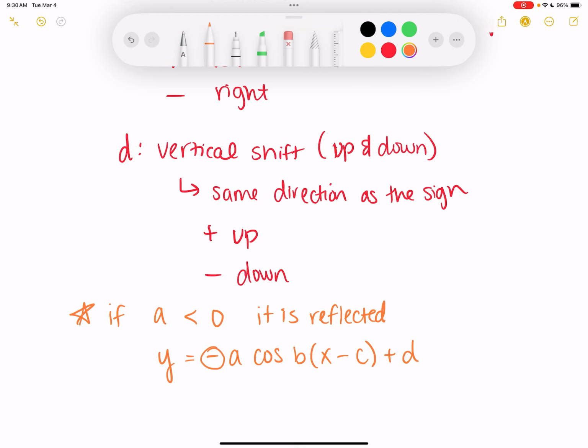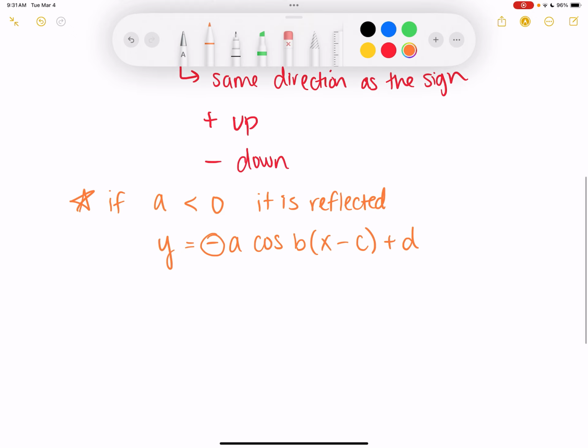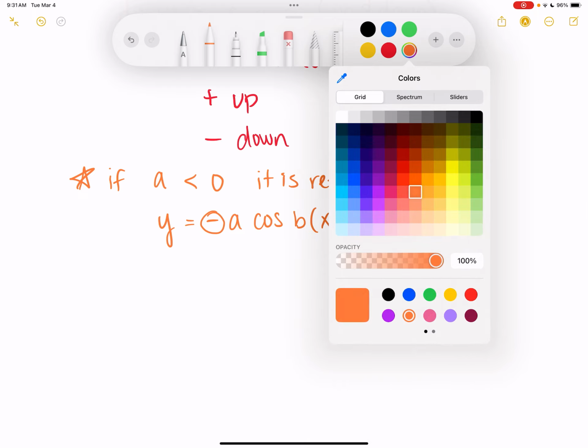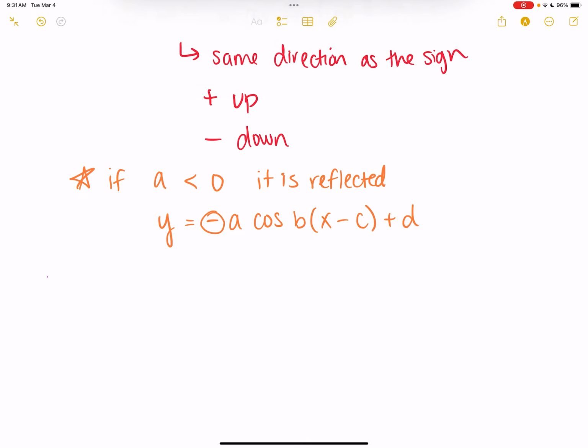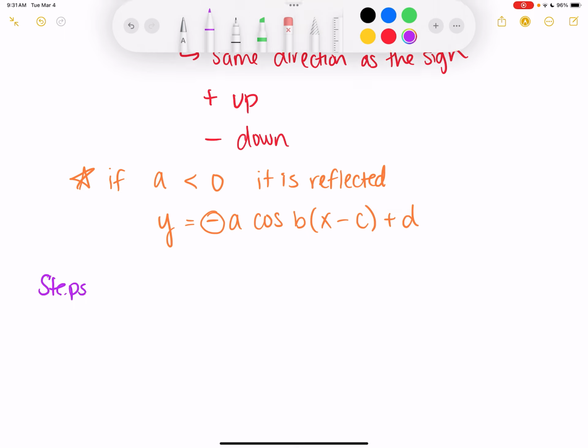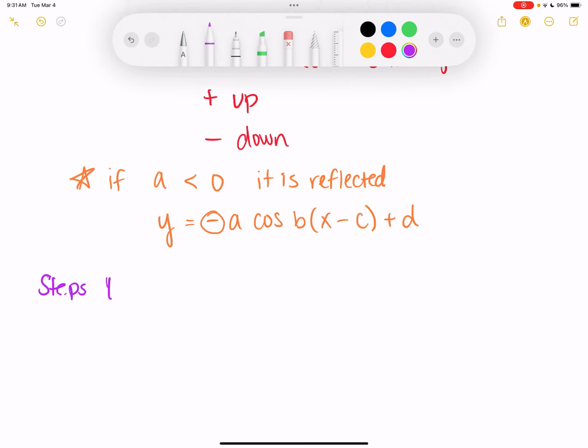All right, so I'm going to walk through the steps, which the first couple will be repetitive from what we did yesterday, and then a couple of them will be kind of new. So steps to graph sine and cosine.